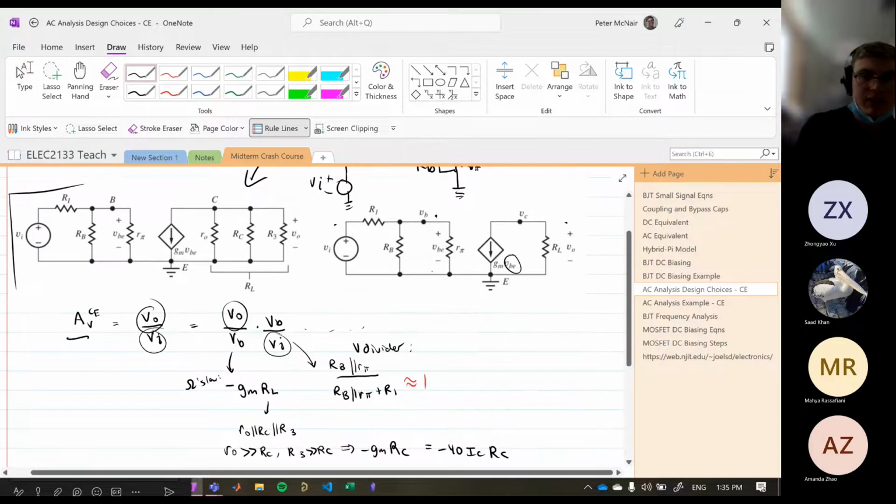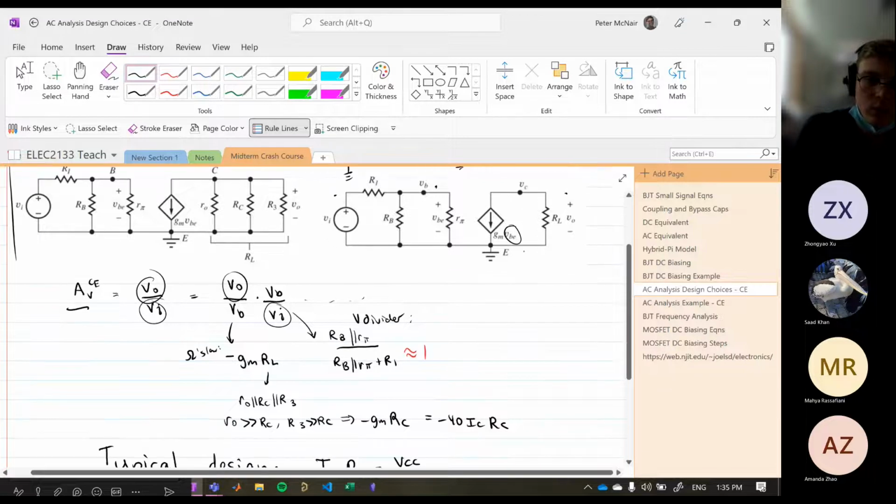So if we have a look at this simplified common emitter circuit for AC analysis, what we get is that V0 on VB is just by Ohm's law minus GM times this RL. And then VB on VI is just a voltage divider of this parallel combination divided by that parallel combo plus that.